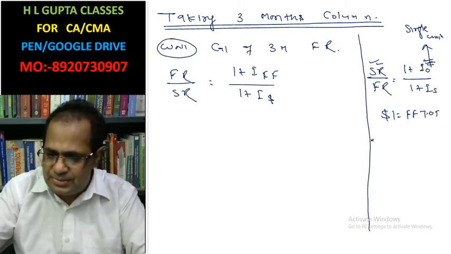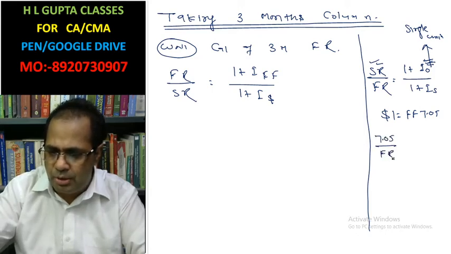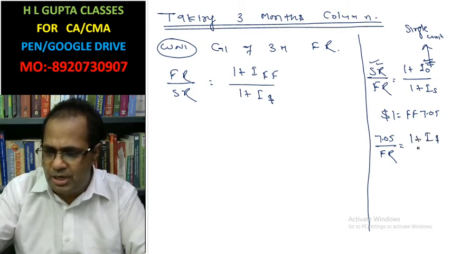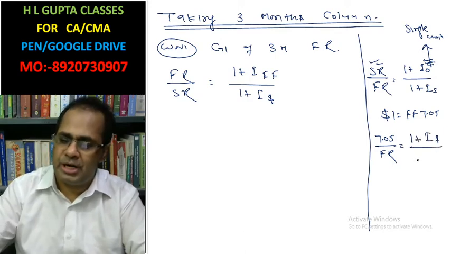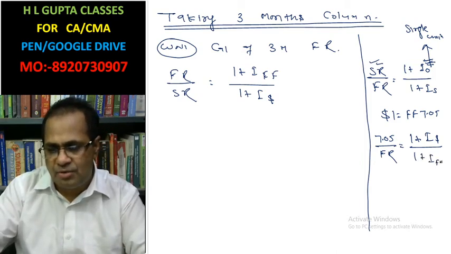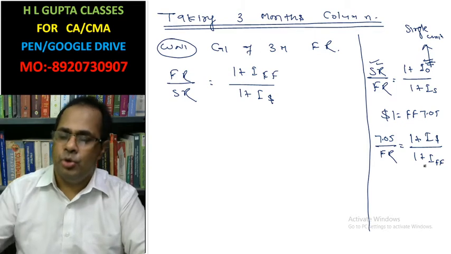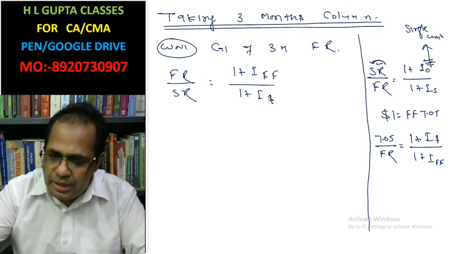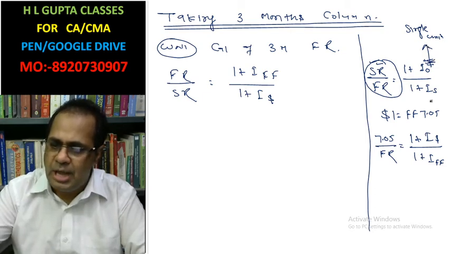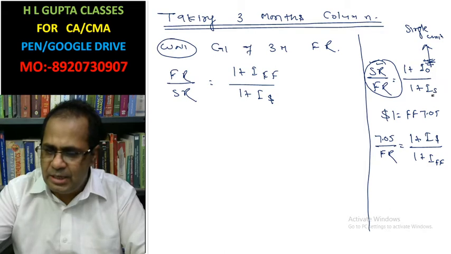In this case, the spot rate is 7.05, and the forward rate you have to calculate. You will write 1 plus interest rate of dollar, and 1 plus interest rate of the French franc. When you start from spot rate upon forward rate, you will have to write the interest rate of the single unit currency, and the interest rate of the number of unit currency.